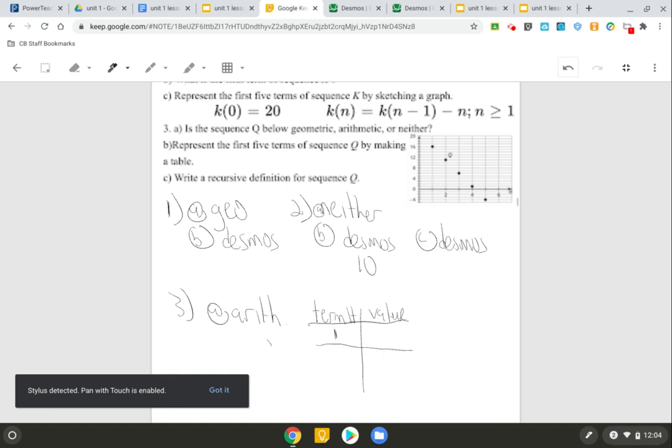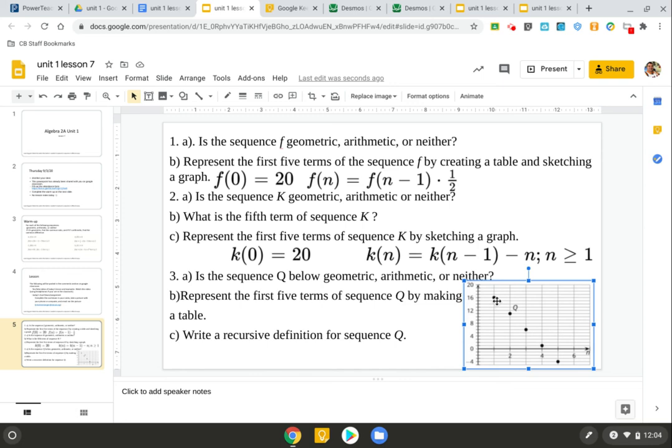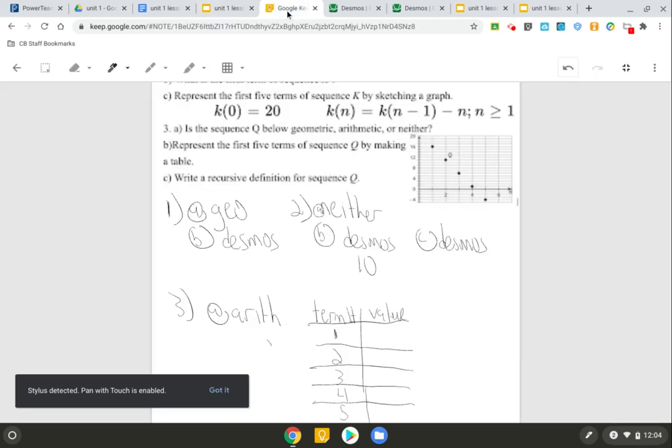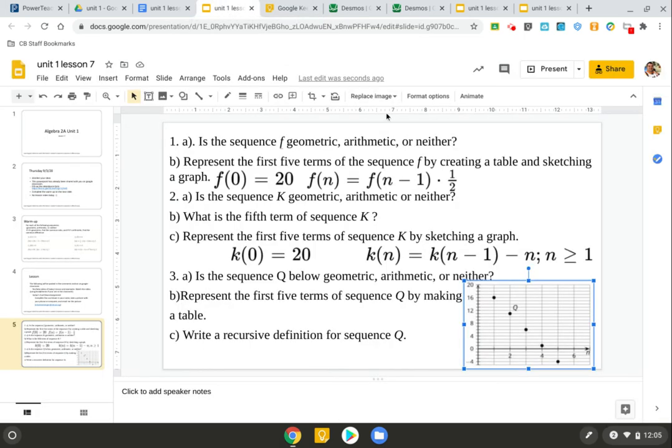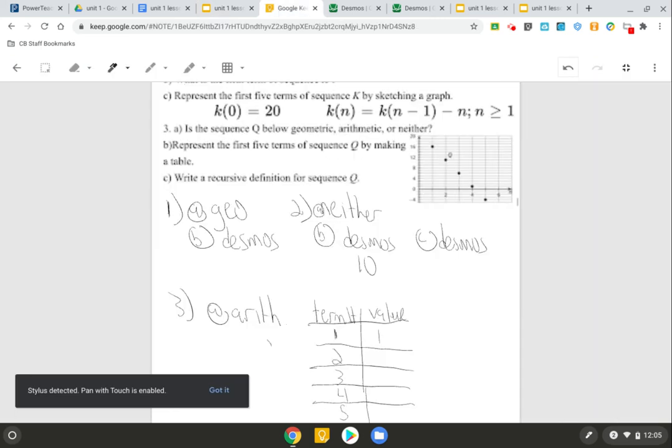This one's a little different because we're starting with term 1 instead of term 0, and that will sometimes happen. Assume that we'll always start with term 0 unless it's stated otherwise. In this case, it is stated otherwise because there is no dot where term 0 would be. Our starting term is term 1, and according to our graph, it is 16.